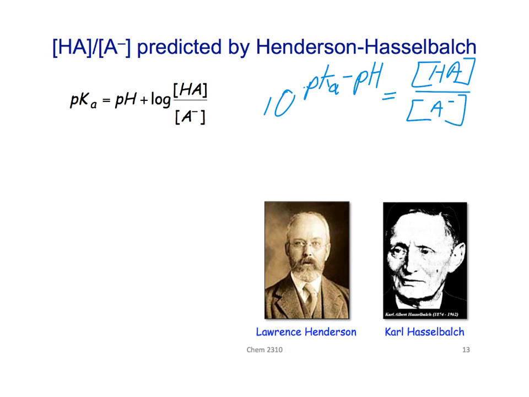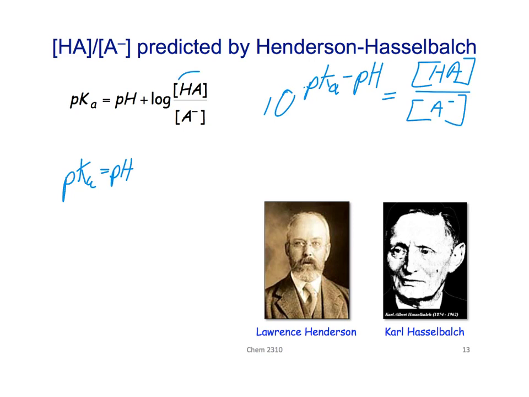Okay, so what we want to do is look at how the ratio changes as the pH changes relative to the pKa. Okay, so remember the pKa is a constant for a given acid. So that doesn't change. But we can change the pH of the solution just by adding acid or base. All right, so let's say what happens if the pKa equals the pH.